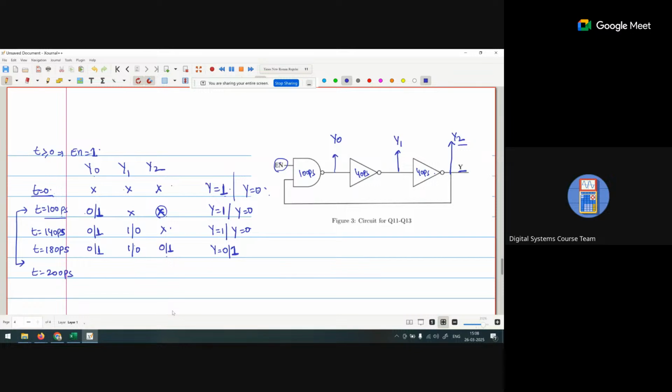The output y we get at 100 picosecond is fed back into the NAND gate, and we get the output from the NAND gate after 200 picosecond. The enable is 1 and y is again 1 or 0, so it becomes 0 or 1. Clear?